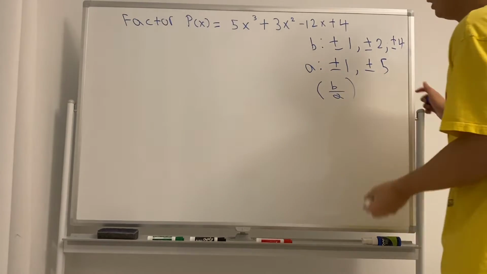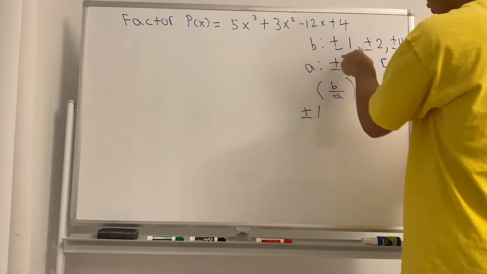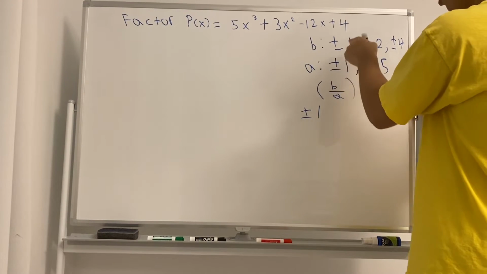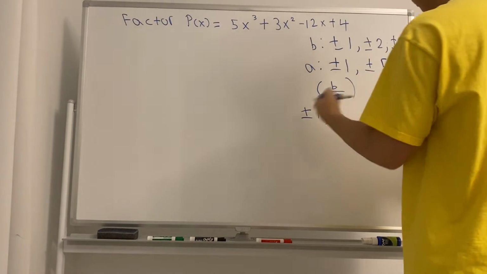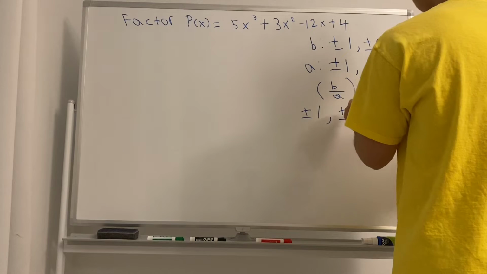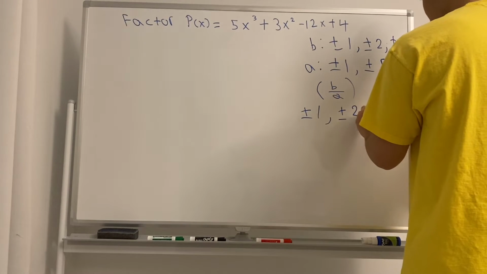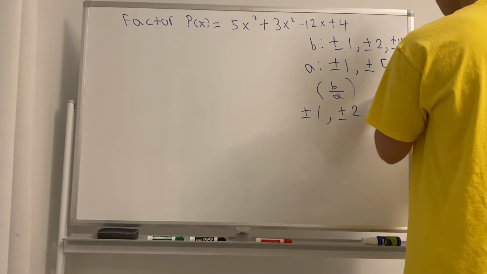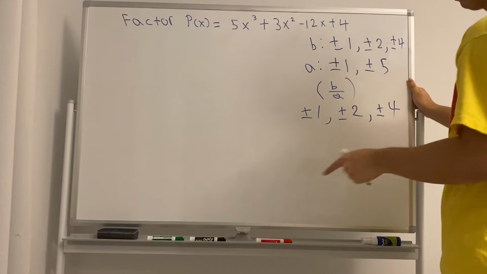So all the possibilities are going to be plus or minus 1, because 1 over 1 is 1, but you can also do 1 over -1, which is equal to -1. So that's a possibility, and you're going to do that for all of these. So it's going to be 2, and it's going to be 4 over 1, plus or minus 4. And now you have to do the same thing for the 5.